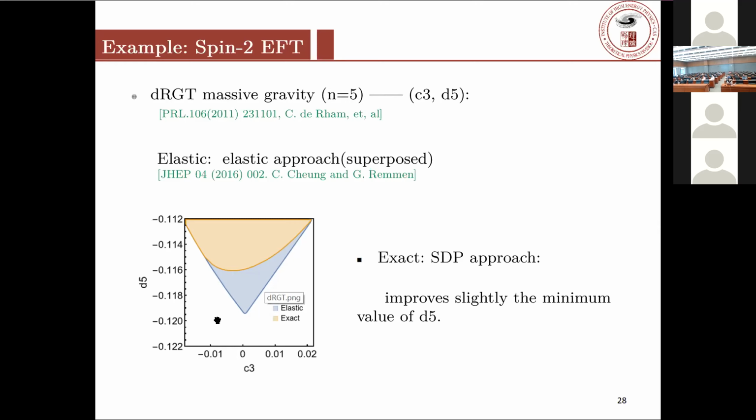So in this 2-dimensional parameter space, the elastic bound has already been obtained by the famous paper using the elastic approach. We can use the SDP approach to get the exact bounds. And we see in these figures, although it is just a small range, we indeed improve the minimum value of d5 with the exact bounds.